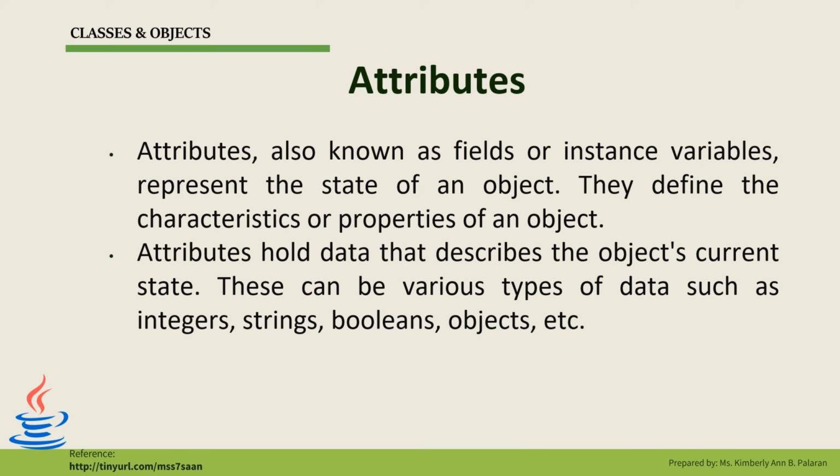This is used to create variations of an object using only one class. Again, take note of global variables. Global variables are declared outside of any method, constructor, or block within a class. This makes them accessible to all methods within the class you created.